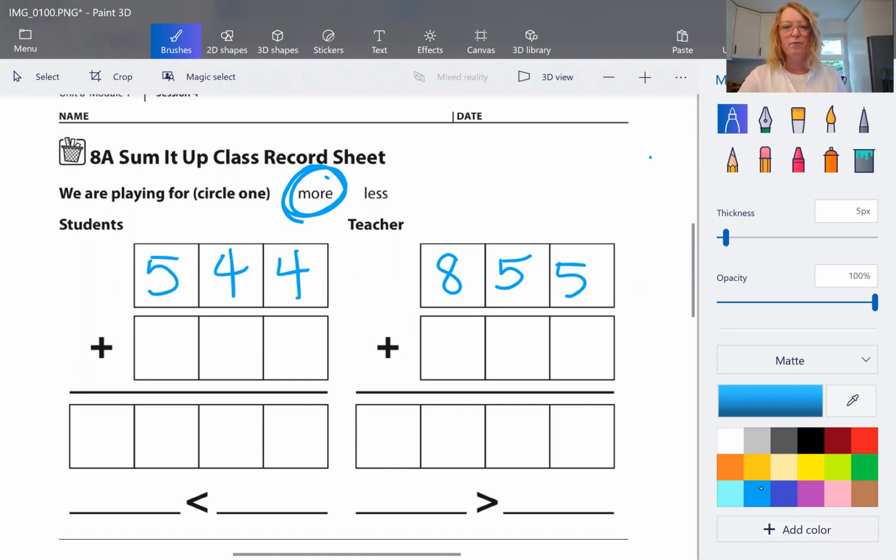So far, I have the bigger number. I have 855, and you have 544. But that doesn't mean that I'm going to win, because we still have to build another number.